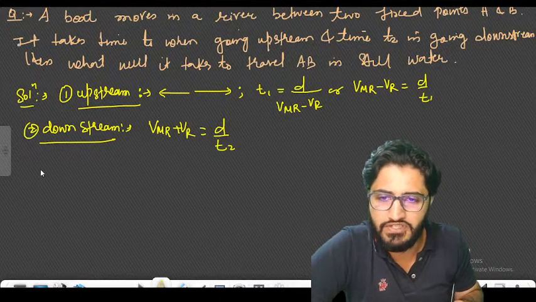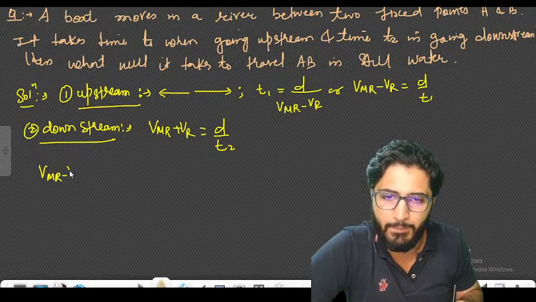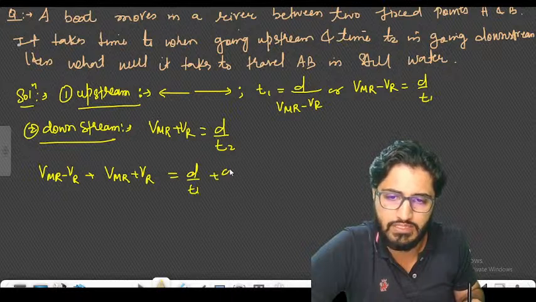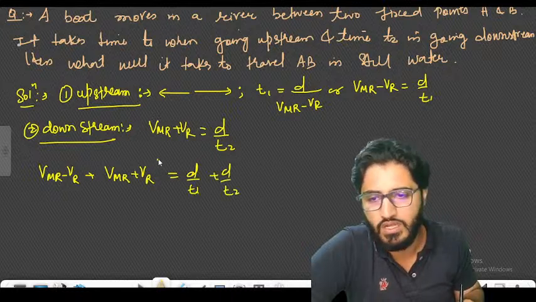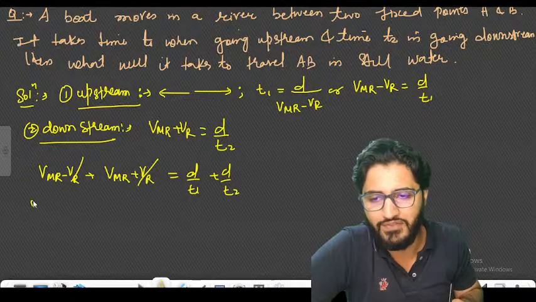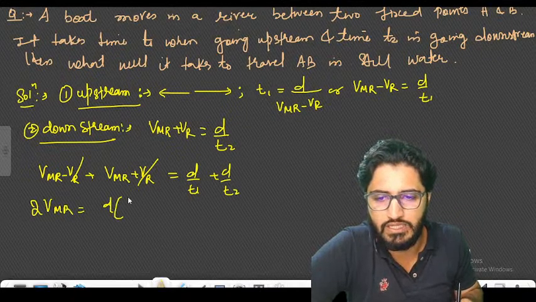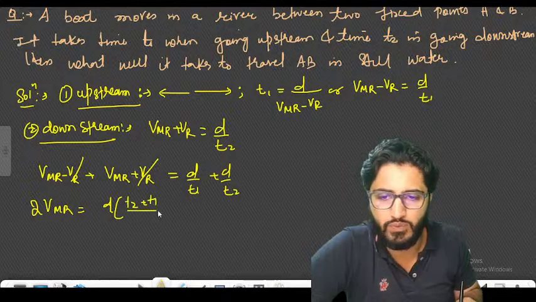Add both these equations, so I will get VMR minus VR plus VMR plus VR equals D divided by T1 plus D divided by T2. So my answer came out to be 2 times VMR equals D times (T1 plus T2) divided by T1 T2.